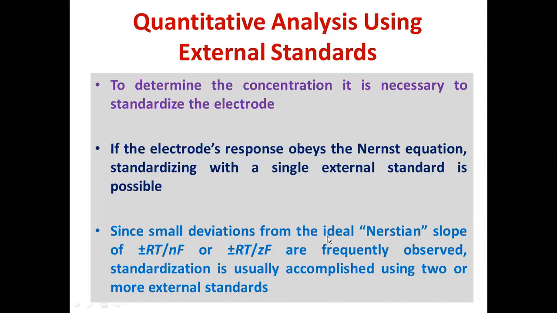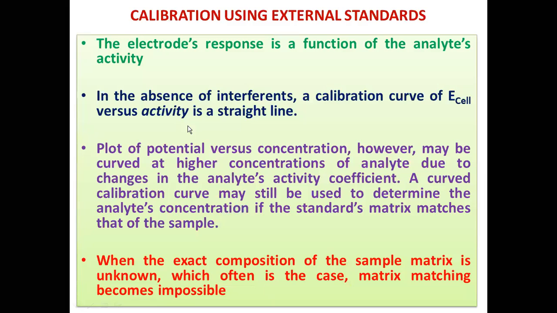Such an analytical procedure will be denoted as a suitable procedure with ideal Nernstian behavior. If the slope obtained matches 0.05916 volts or 59.16 millivolts, then you can say it is a Nernstian slope, otherwise no. So the electrode is also able to respond to the analyte's activity.